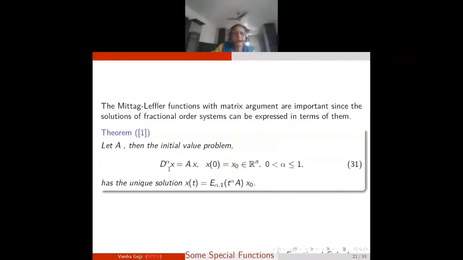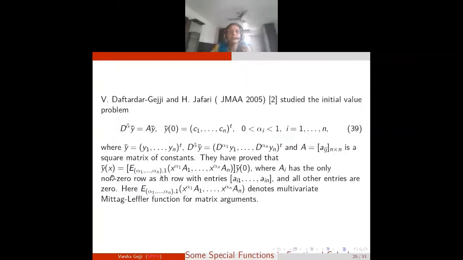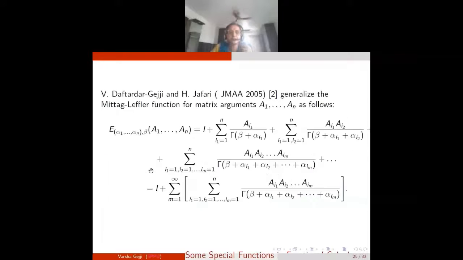What I am now doing is changing and taking the derivative of x1 with alpha 1 order, derivative of x2 alpha 2, derivative of xn alpha n order. A little bit of complication, and the solution of that is in terms of this series, where I have alpha 1, alpha.